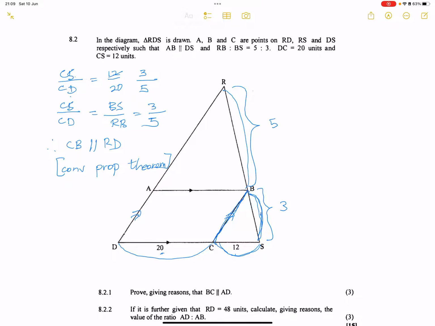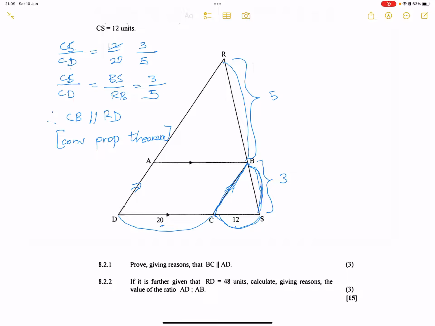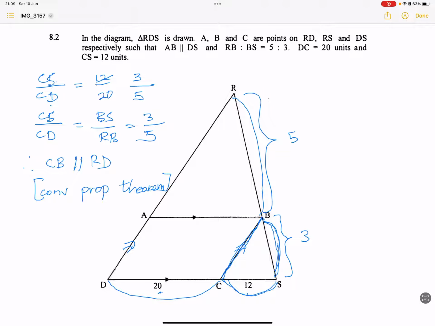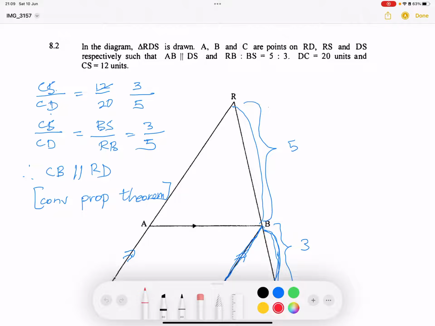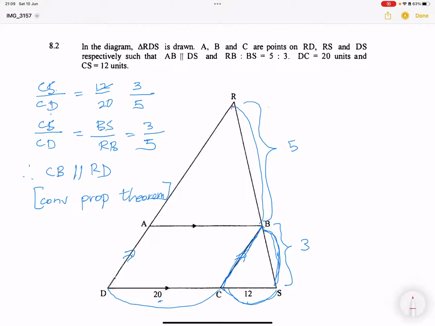Then the next question: if it is further given that RD is 48 units, so they're giving us that entire side. Let's use a different color. They're giving us that entire side in red, so this entire side is 48 units.